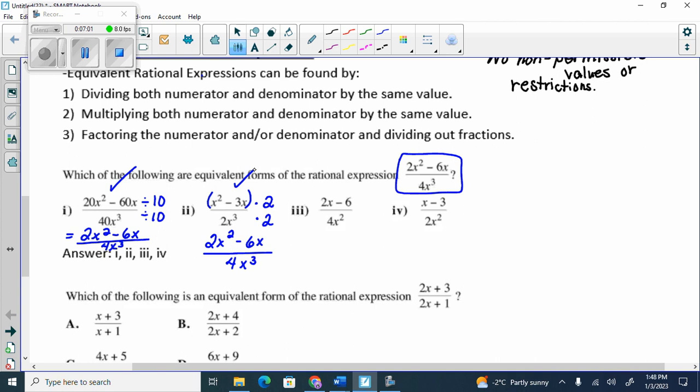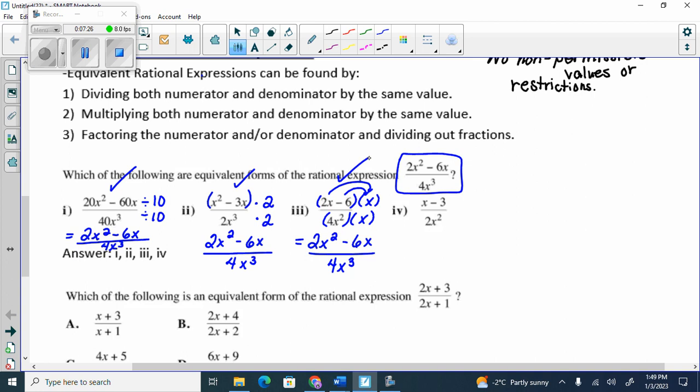It's equivalent. Now I look at this one. I have 2x. I need it to be 2x squared. So I'm going to times the top by x. And then when I do the top, I have to do the bottom and see if I get the same thing. So I get 2x times x is 2x squared. And then negative 6 times x is negative 6x all over 4x cubed. It matches, and we're good.